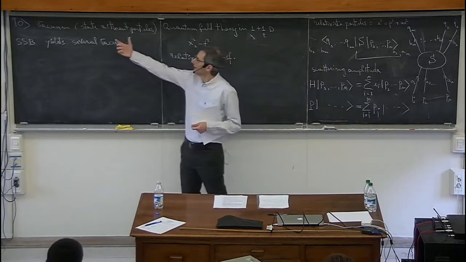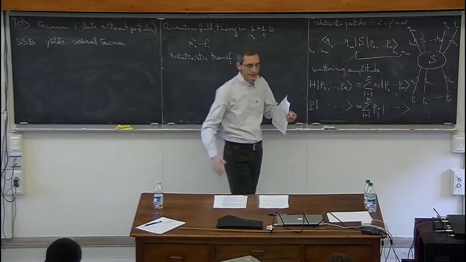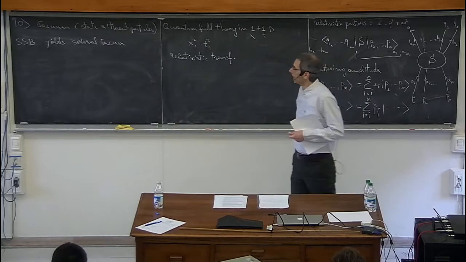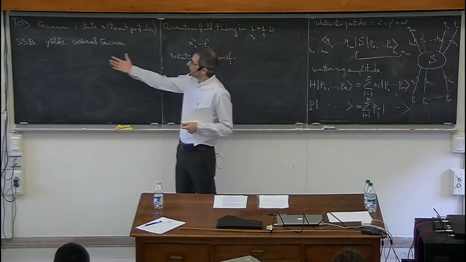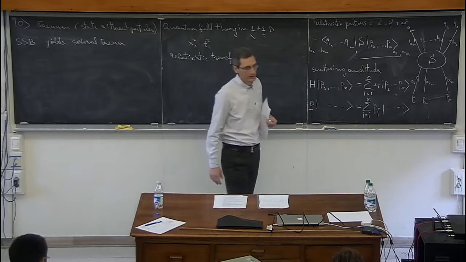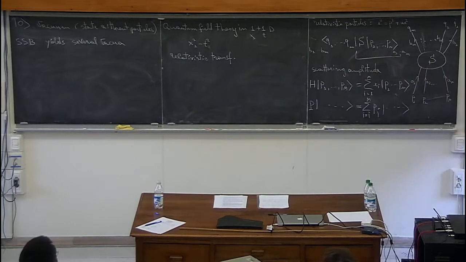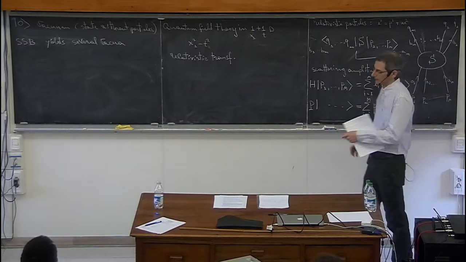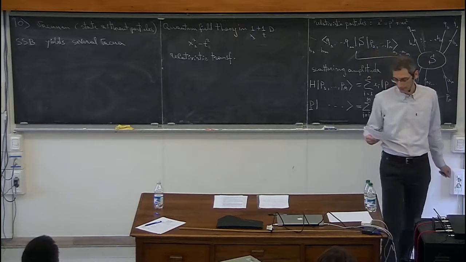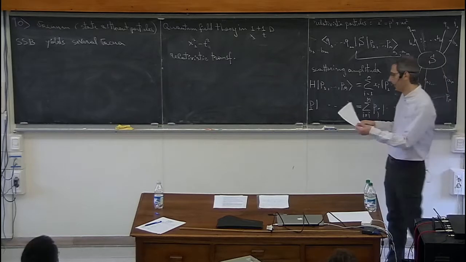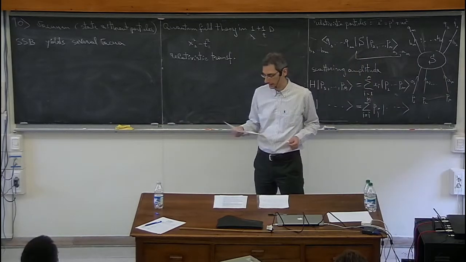So above Tc, the vacuum is unique because the symmetry is unbroken. Below Tc, you will have several degenerate vacua corresponding to the several degenerate phases, ground states of the statistical system. We will see this in practice later on.